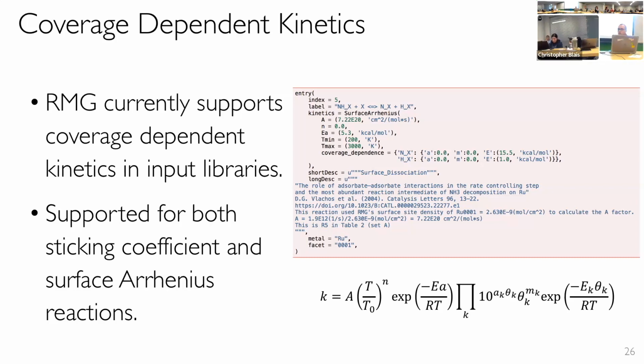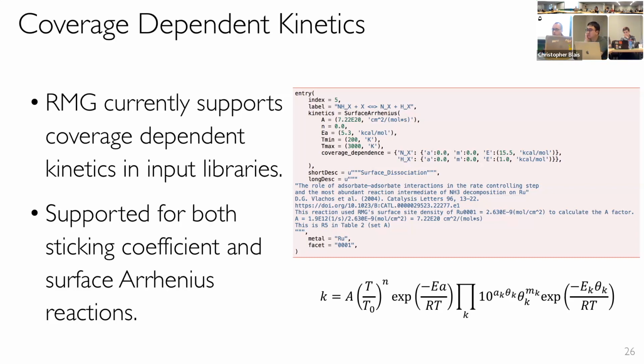I think what would probably be good, and there are a lot of things that would be better than nothing, is for kinetics estimation, having some sort of simple coverage dependence expression for every other species. For thermo, I feel like we could find something similarly straightforward, where we just base it off of the coverage of everything else, and we don't take into account steric effects or anything like that.